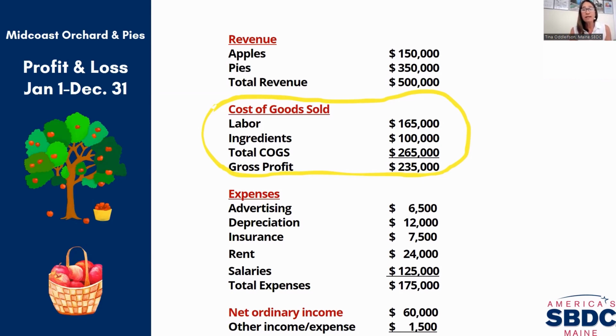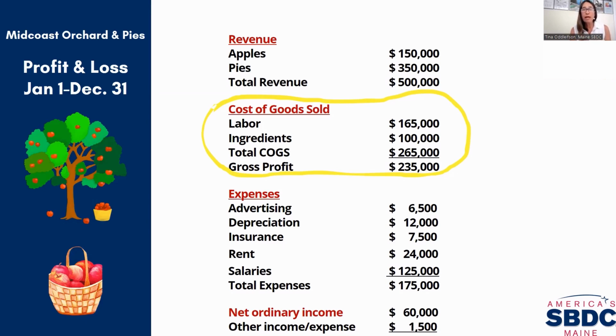Cost of goods sold is an expense, but the reason that it's not under that expense section is because it's directly tied to the creation of the revenue. So in order to get the apples and the pies into the hands of customers, I have to spend money on labor and ingredients. And it's called a direct cost, directly tied.